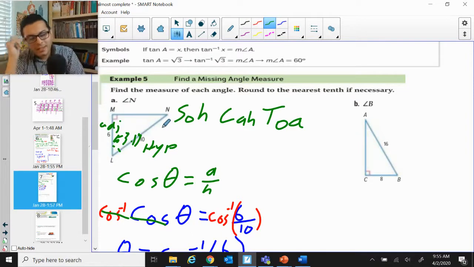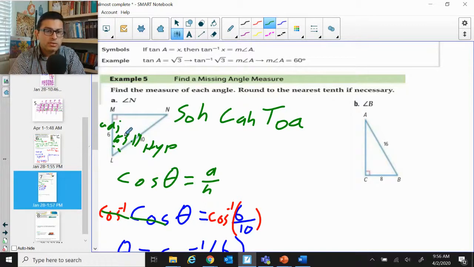And you might say, oh man, we have to do that whole thing again. And the answer is you can if you want to, but you don't have to. Because we have to remember that all the angles in any triangle are going to equal 180 degrees. And since we already have two of them, we know what the last one is going to be.